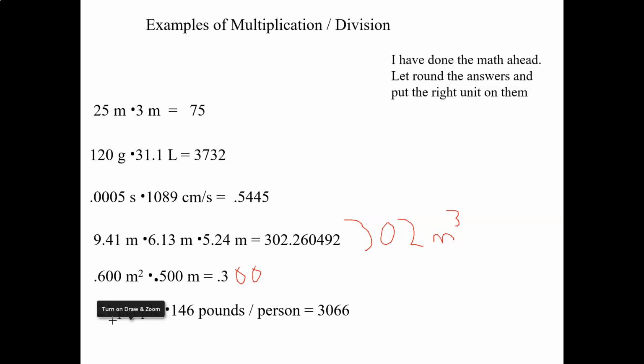So what has fewer sig figs, infinity or 3? And 3 does. So we're going to round this answer to 3070, and people will cancel out with person, so my answer is going to have units of pounds. My writing looks even worse than it does in real life on this screen.